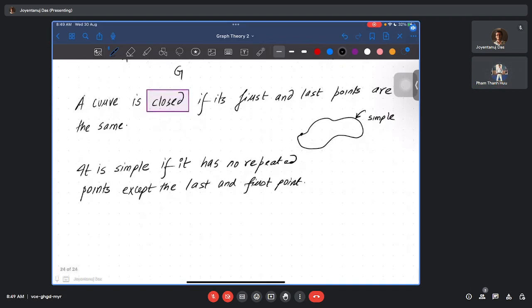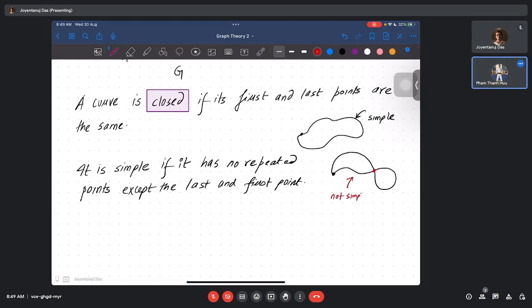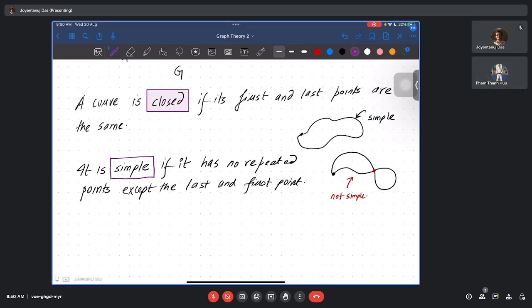But suppose I have another closed curve that goes like this and then comes back like this. Then this is not simple, because this point is getting repeated on the curve. So yes, this is a simple curve.